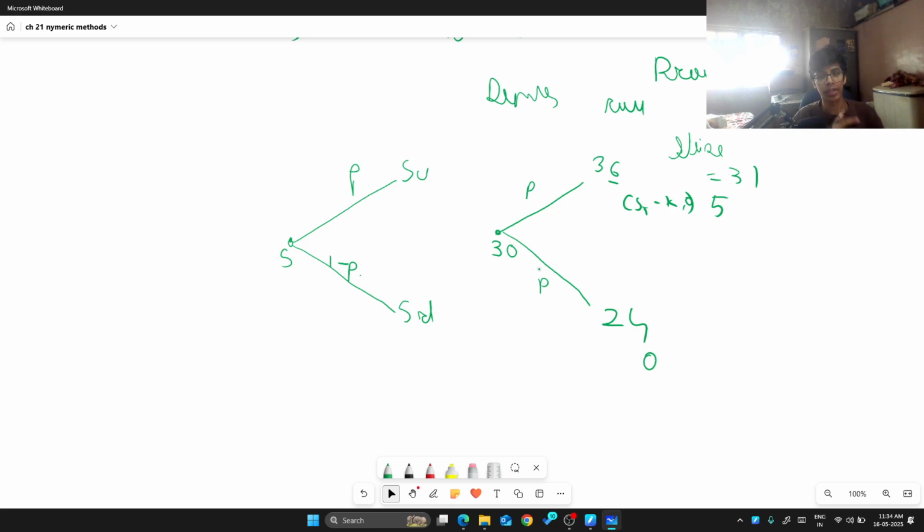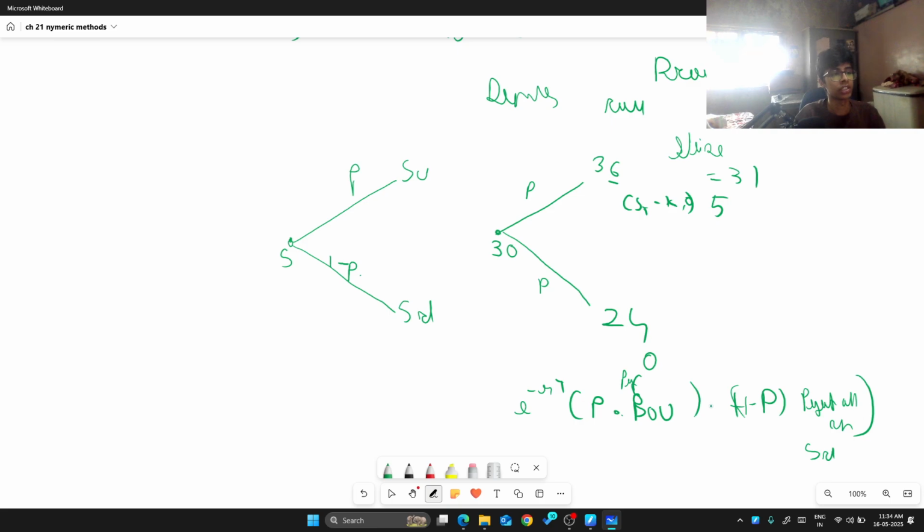What is the probability? Our formula is simple: we discount the probability p times the payoff of up, plus 1 minus p times the payoff of down, and in this way the option price is found.